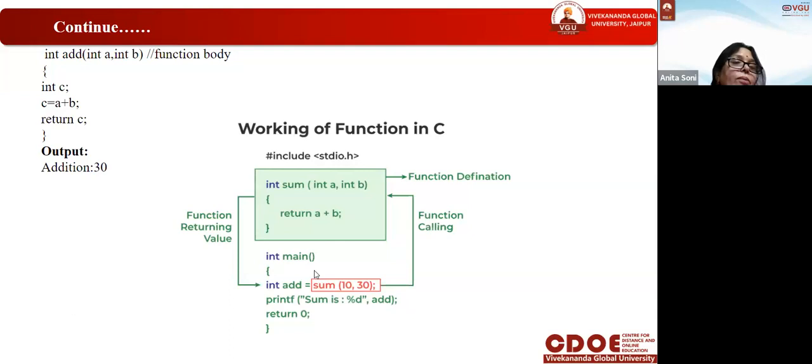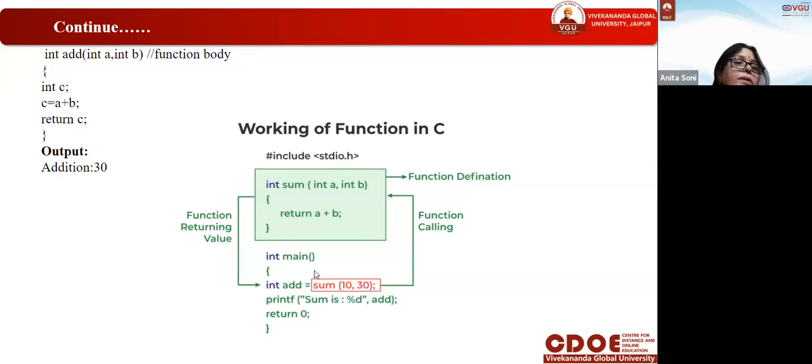So 10 will be copied into A and 20 will be copied into B. These A and B parameters declared in the called function are called copy parameters or dummy parameters.